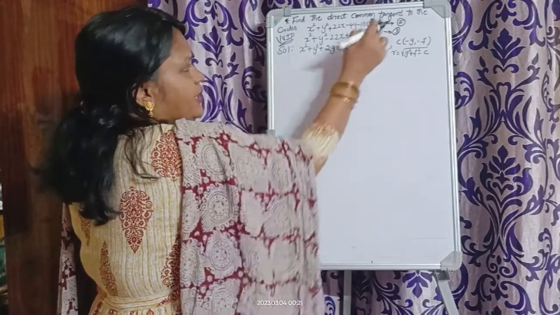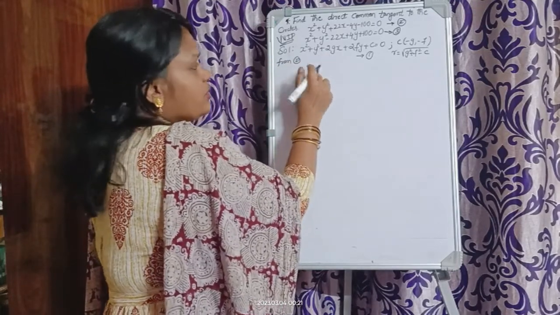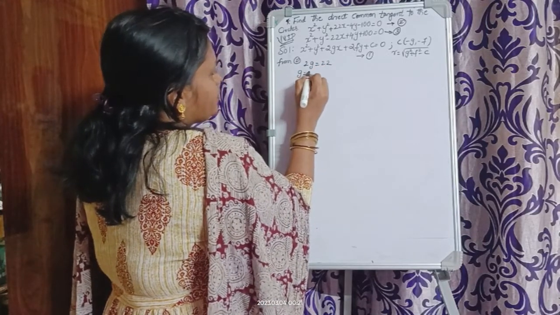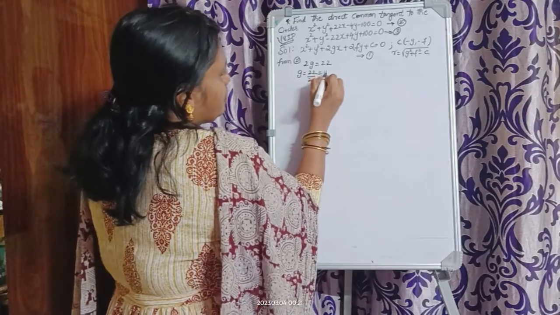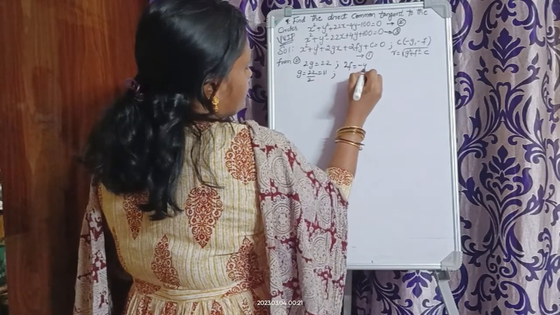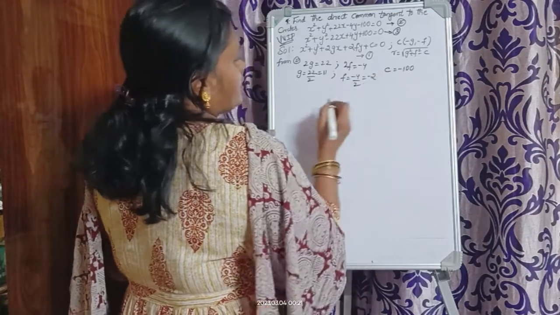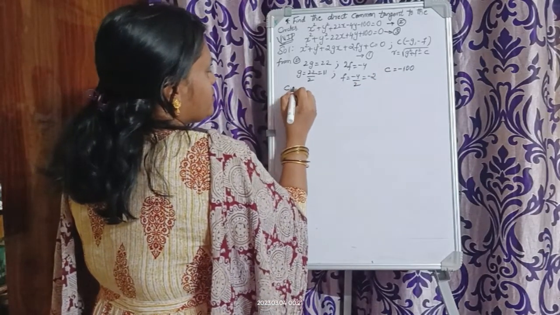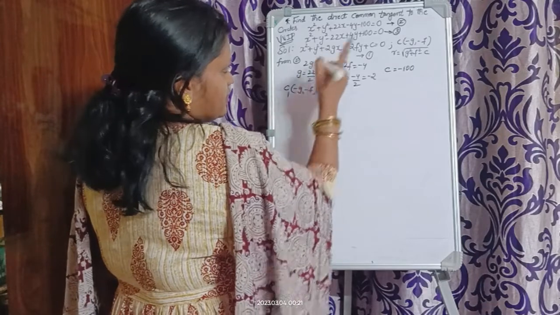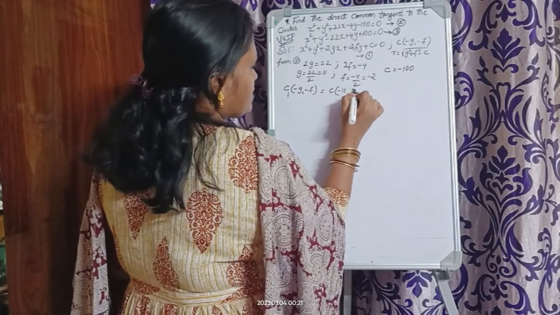So comparing equation 2 with the standard equation, we get 2g is equal to 22, or g is equal to 22 by 2, which is 11. Similarly, 2f is equal to minus 4, or f is equal to minus 4 by 2, which is minus 2. Therefore the centre is minus g comma minus f, so this is minus 11 comma minus of minus 2, which is plus 2.